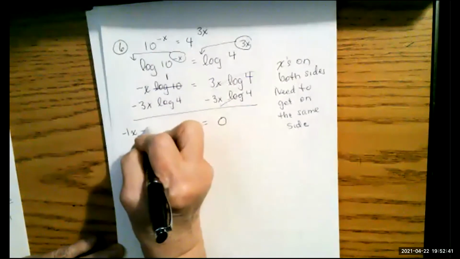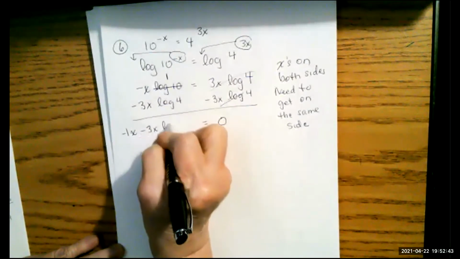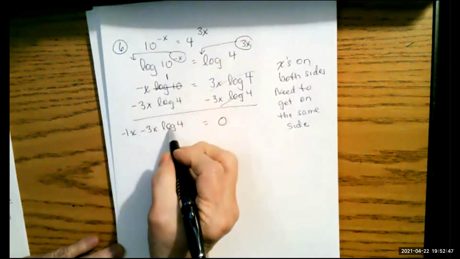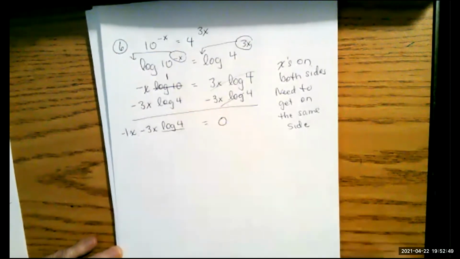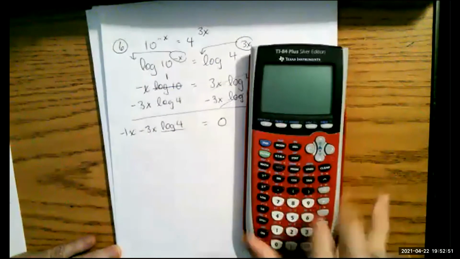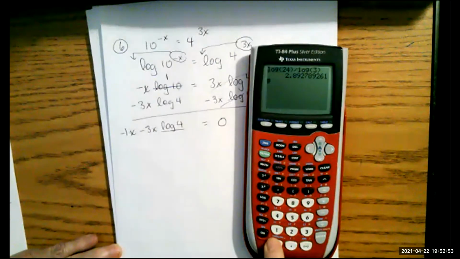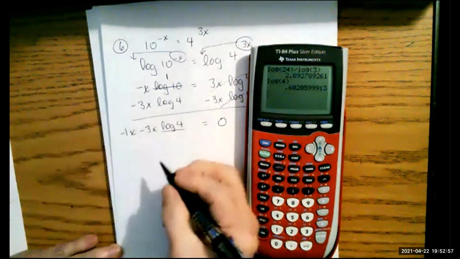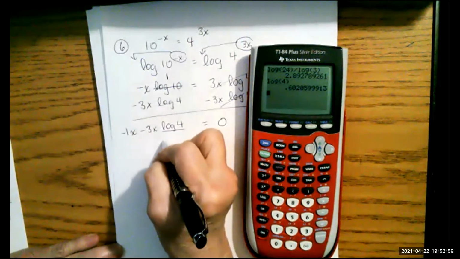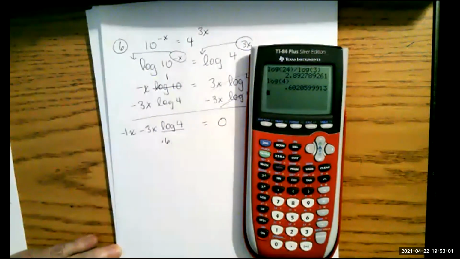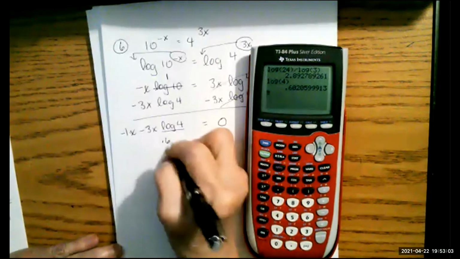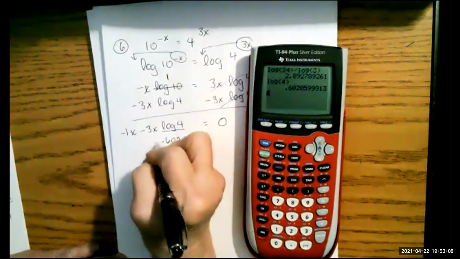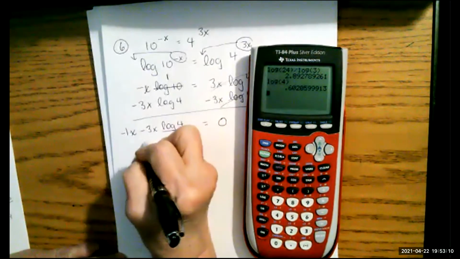Okay, so I have negative 1x minus 3x log 4 when I change that to a 1. What is log 4? Somebody put in log 4 in your calculator. 0.6021. Okay. Now then, that's log 4.